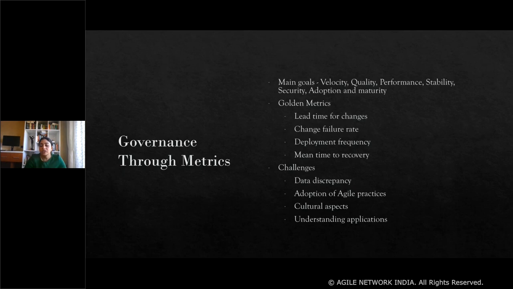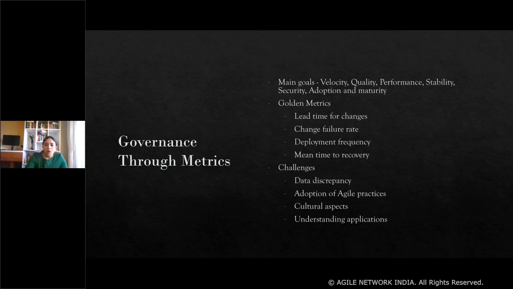So it becomes an operational challenge in organizations to all the time capture the data on slides and keep on presenting in normal meetings. It doesn't give a holistic picture to the key decision makers. So it's very important that governance through metrics is done the right way.